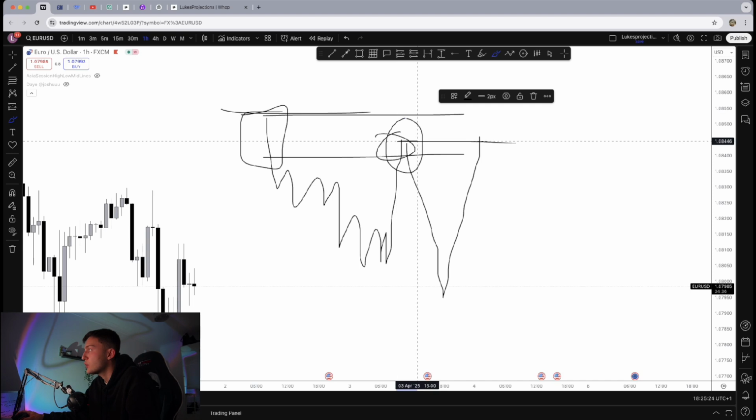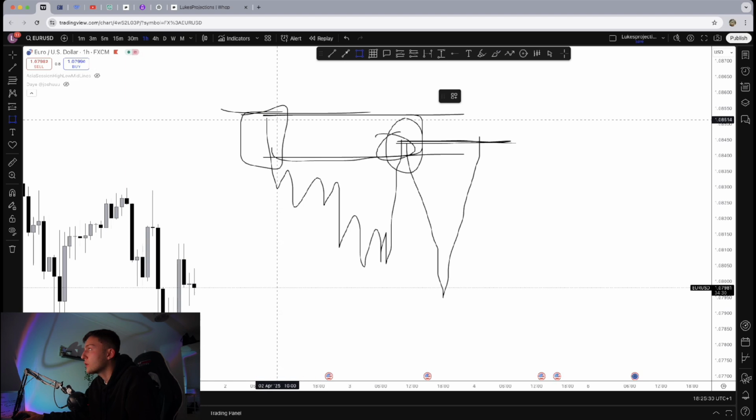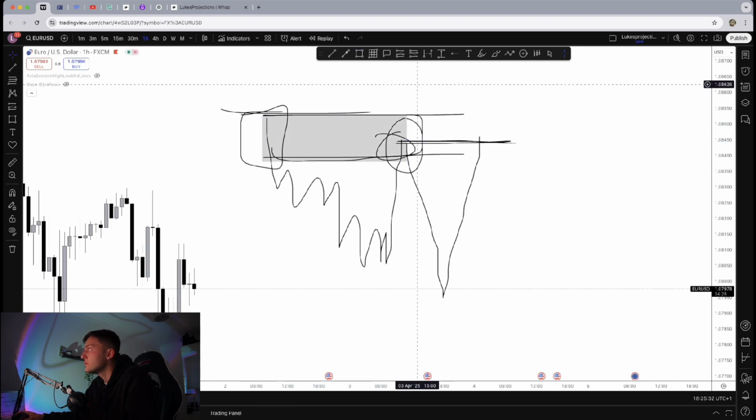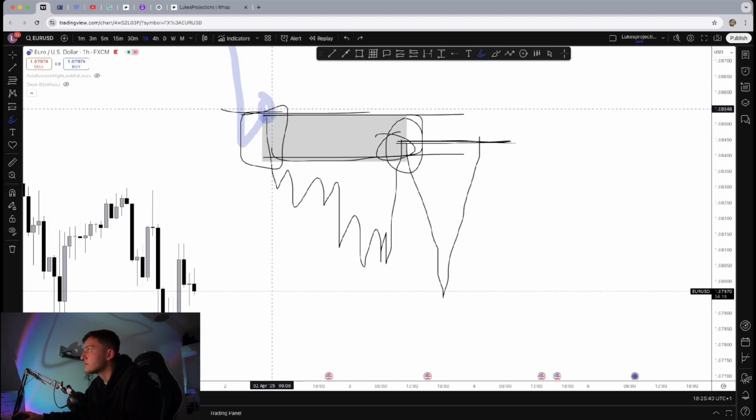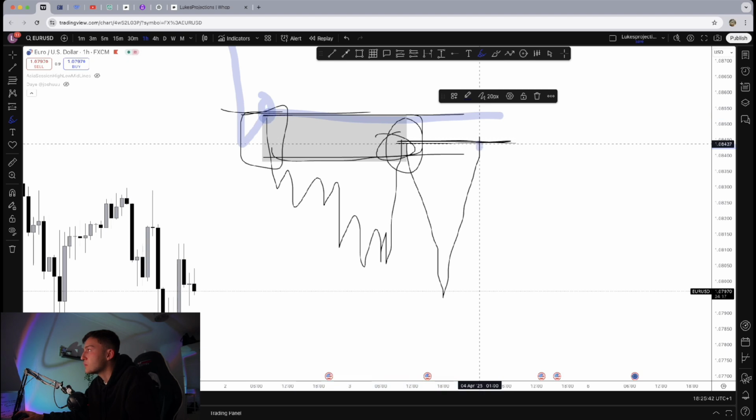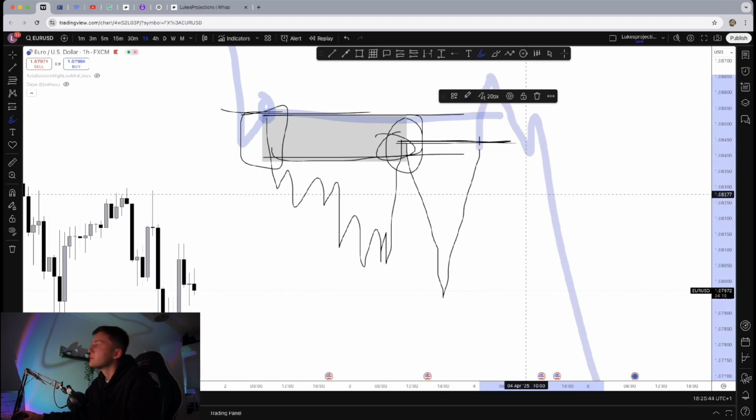So we are now going to have to move that first point of liquidity to the next high. As long as this high doesn't mitigate anything to the left, we can then use that as our valid first point of liquidity. So that's why price will then come up, and then that's when you'd get your sells.